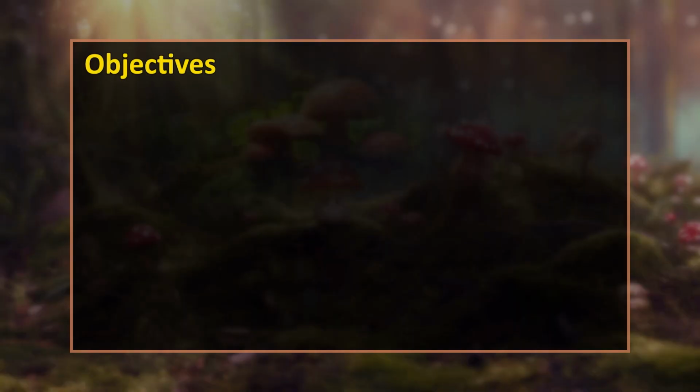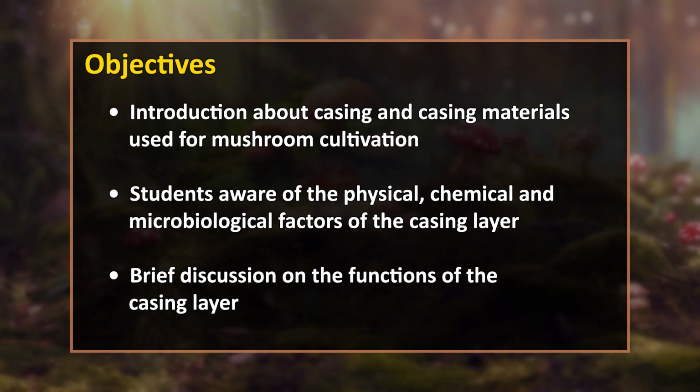Our first objective will be to have a detailed introduction about casing and casing materials used for mushroom cultivation. Our second objective will be to make the students aware of the physical, chemical and microbiological factors of the casing layer, and our third objective will be to have a brief discussion on functions of the casing layer.